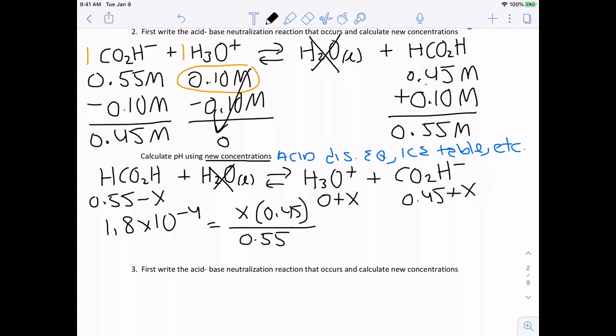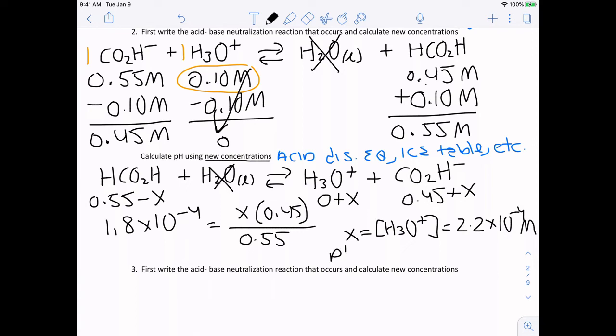And then we need to solve for x, which is going to be my hydronium ion concentration. So calculators: 1.8 times 10 to the negative 4th, multiplied by 0.55, divided by 0.45. And I get x is 2.2 times 10 to the negative 4th molar.